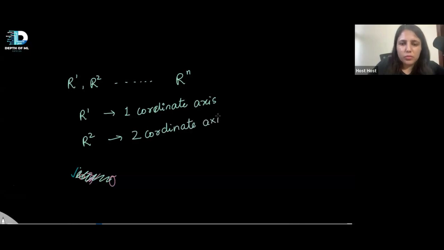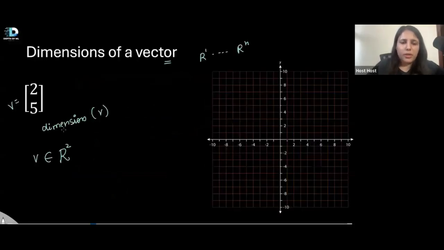If I'm talking about R1, I have only one coordinate axis. When I'm talking about R2, I have two coordinate axes. And so on, I also have n coordinate axes. So this is a vector in R2 because it has two coordinate axes.